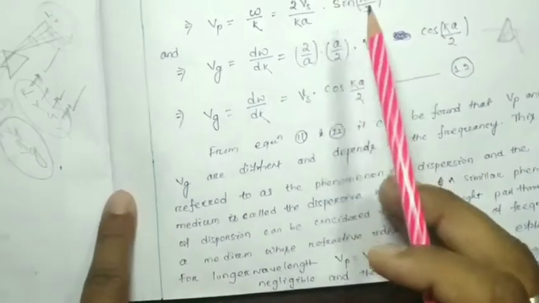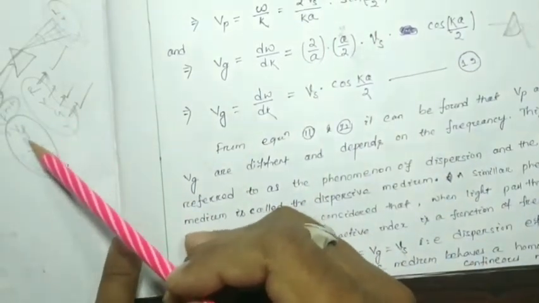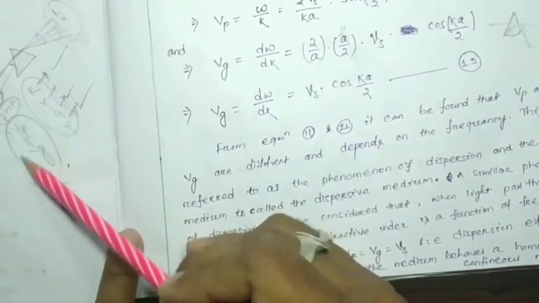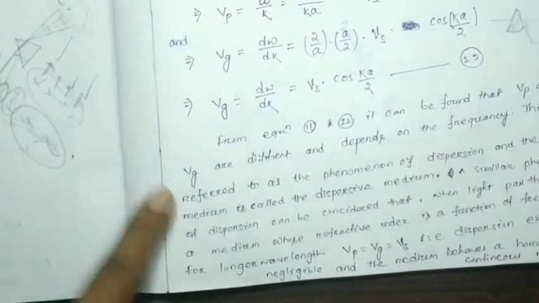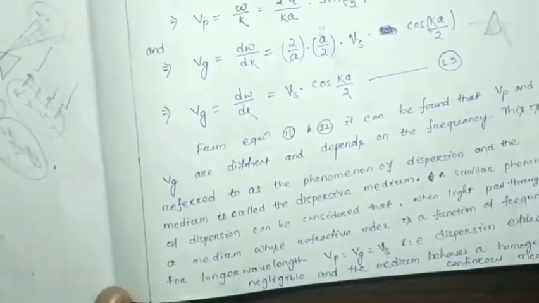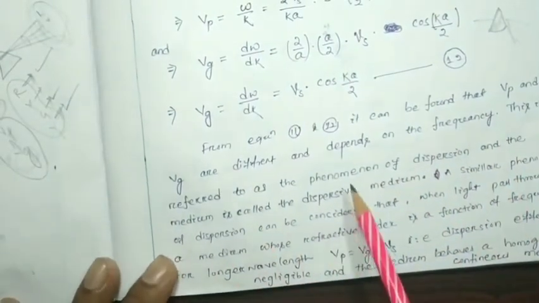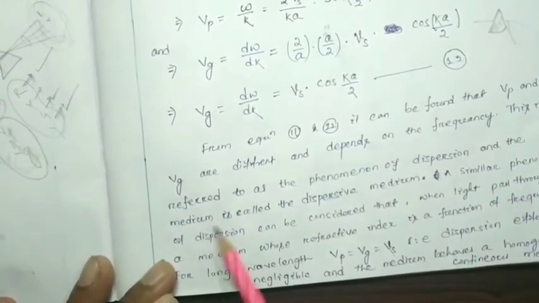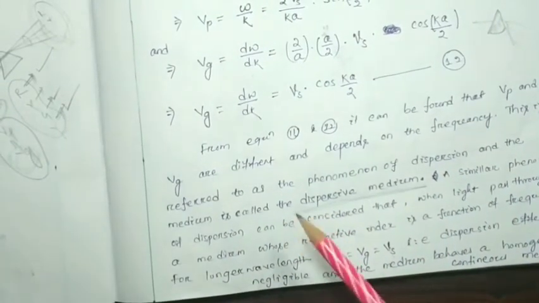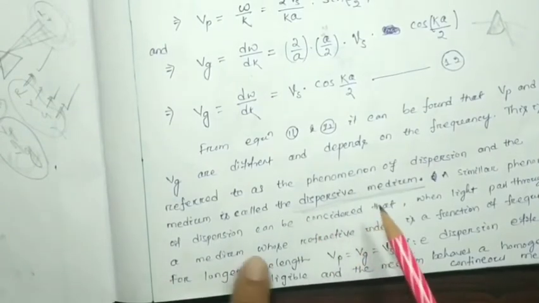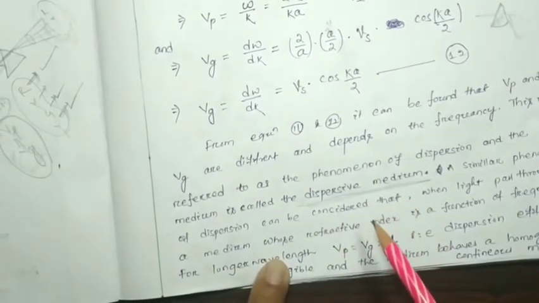Here Vp is different from Vg when it is passed through the dispersive medium. So the medium is called the dispersive medium. When the frequency is higher, then the medium will be called the dispersive medium.